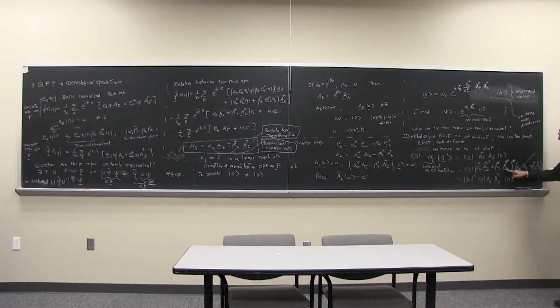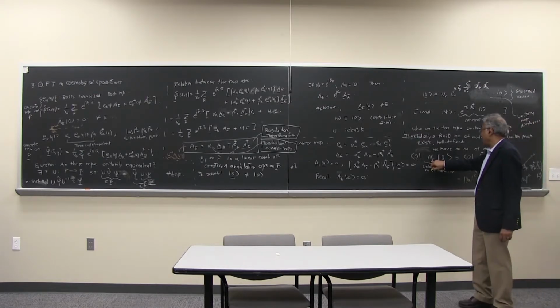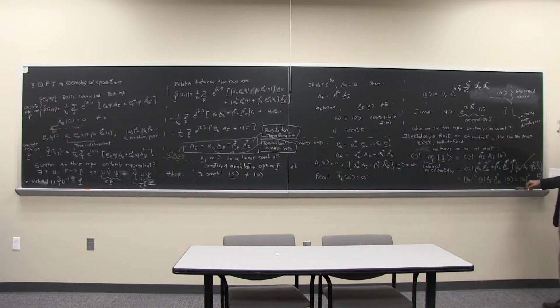This is vacuum times this, which is a, and then vacuum times this, which is a dagger, and beta star beta comes out. But this is just equal to 1, because this is a one particle state, this is a one particle state, so this is just equal to beta_k squared. So the number of unbarred particles in the barred vacuum is just given by beta_k squared.